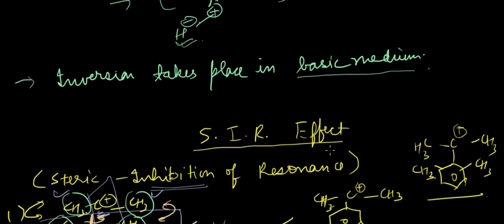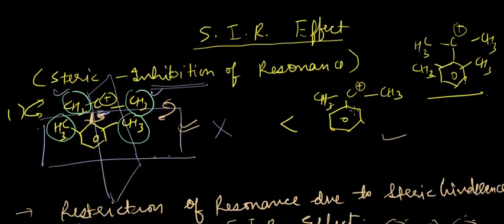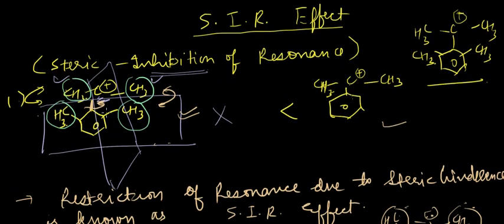Next we are going to talk about the SIR effect. I will redraw the structure here, so that you can see more clearly what this structure is all about. In this structure we have a phenyl ring substituted with two methyl groups, and we have a carbocation attached to the phenyl ring, which also has two CH3 groups attached to itself.